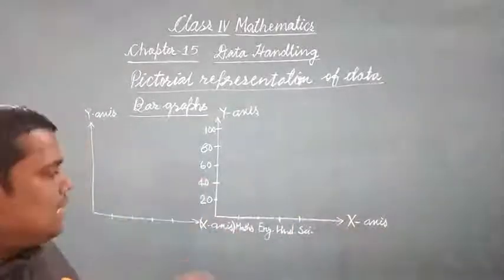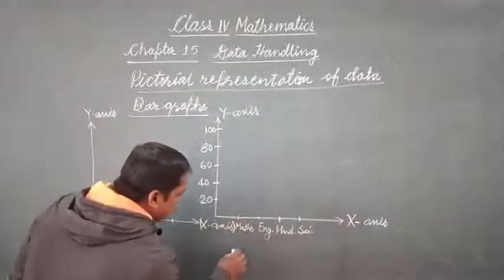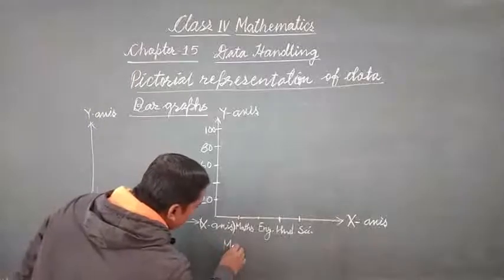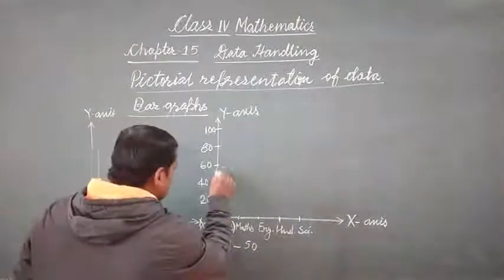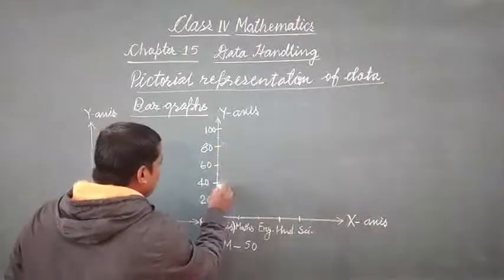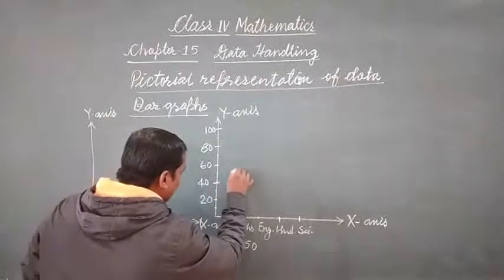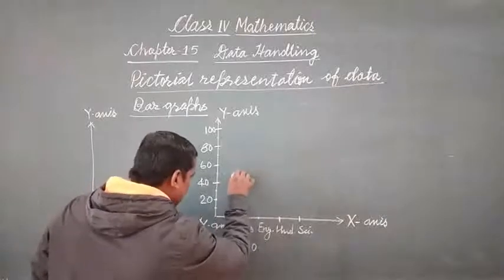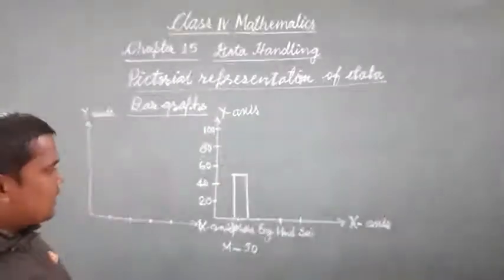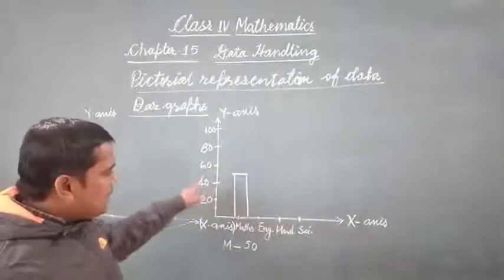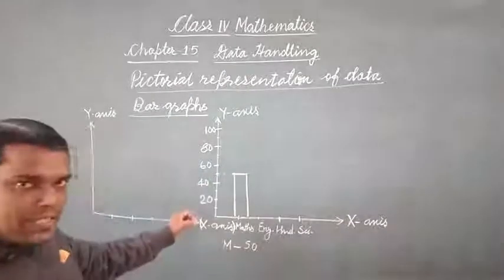I am going to represent this using a vertical bar graph. Suppose in mathematics 50 students passed. So I will draw a bar which represents 50 students passed in mathematics. This point on the vertical axis means 50.